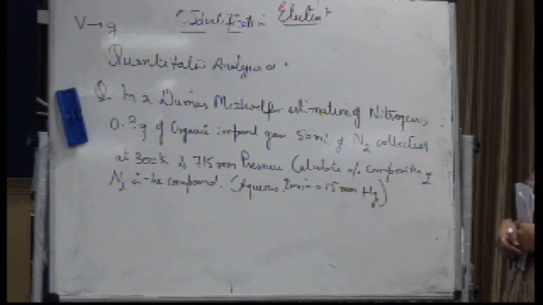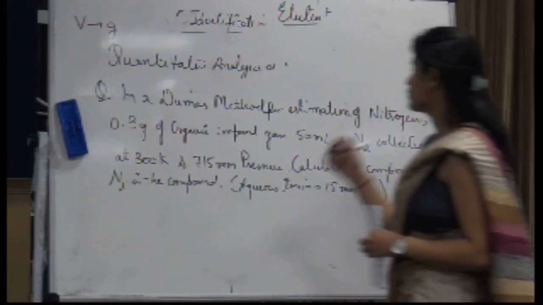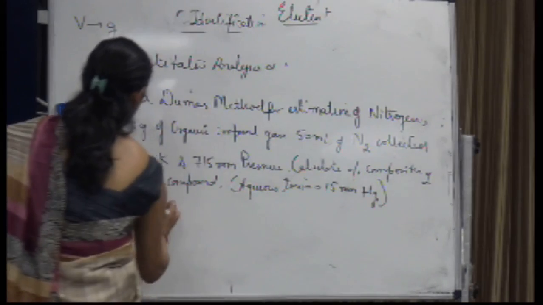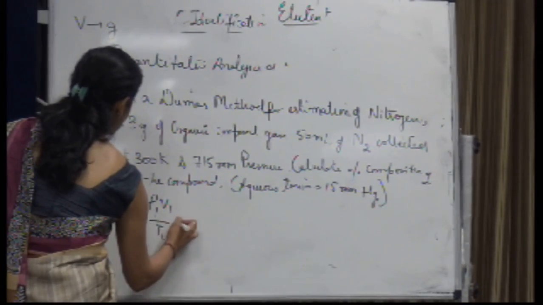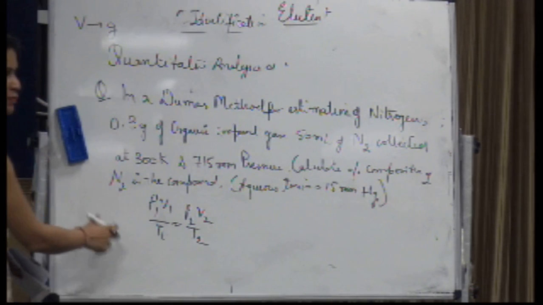How will you proceed? I have given the starting amount of the organic compound and the amount of nitrogen that has been produced, at what pressure, and the aqueous tension. So first I will apply the P1 V1 concept. That means P1 V1 by T1 is equal to P2 V2 by T2. On one side I will put the standard temperature pressure condition.